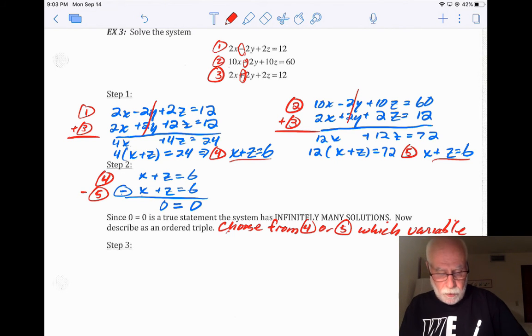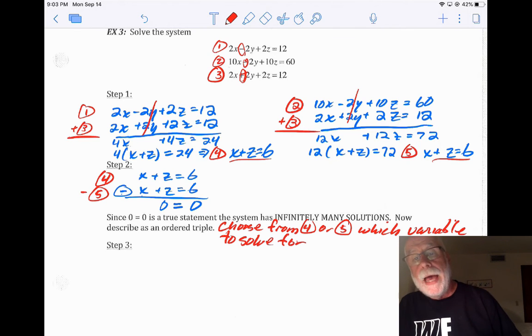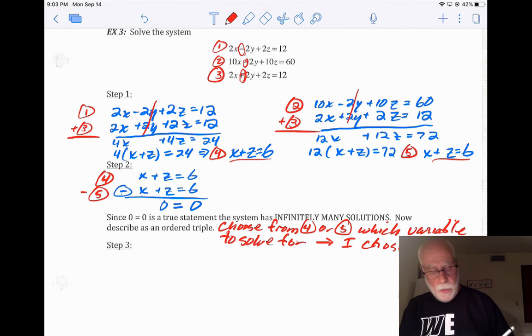Excuse me, which variable to solve for. And again, it doesn't matter, ladies and gentlemen. I'm just going to tell you, for some reason, I chose Z. Remember, we're going to have X, we're going to have Y, and we're going to have Z.